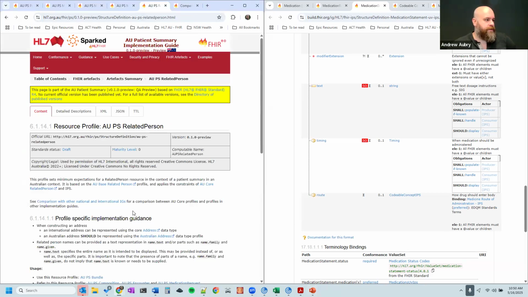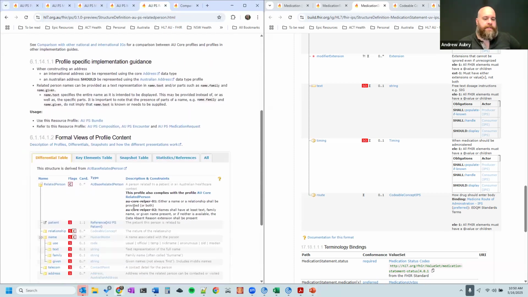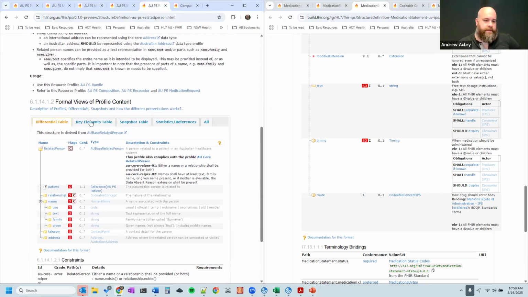So related person is a profile that is not in IPS. It is an AU Core profile only, and it is something that we have the opportunity to add to AU Patient Summary.